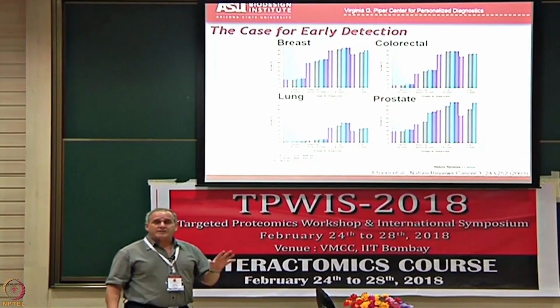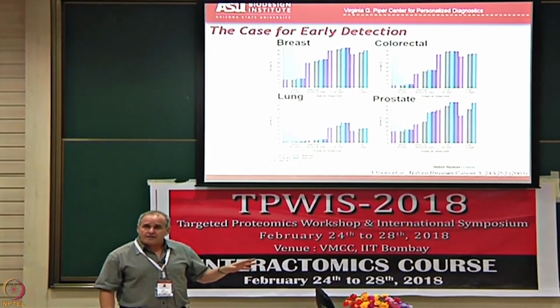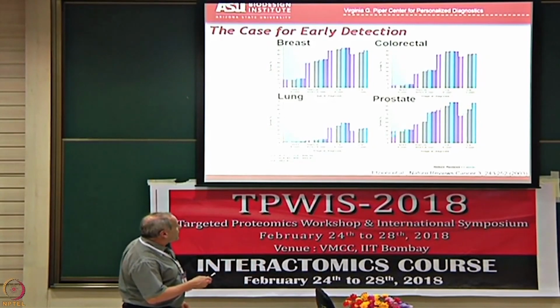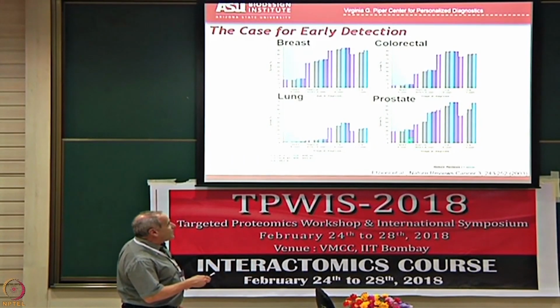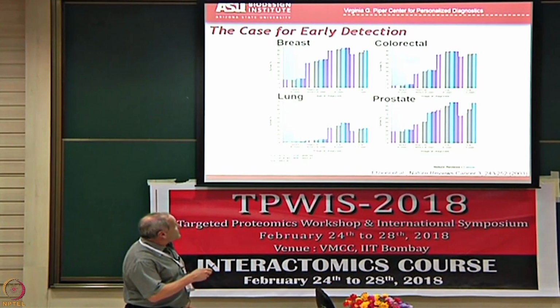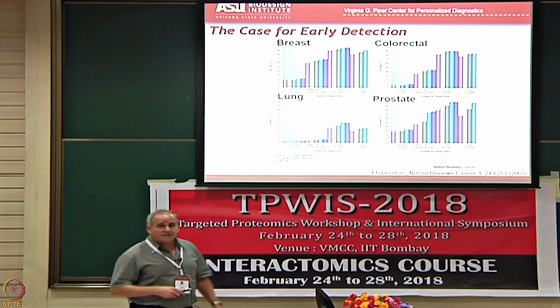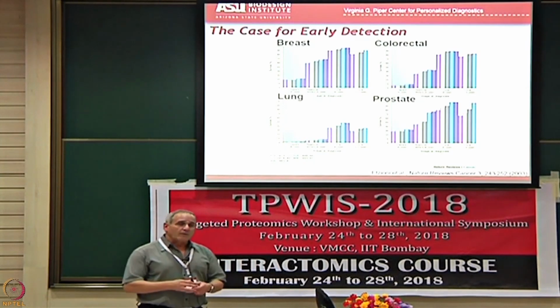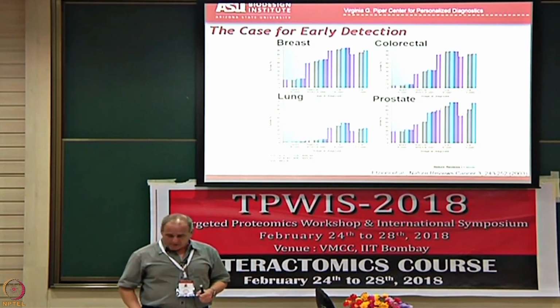Stage of disease basically tells you how early you caught it. And it starts with the latest stage disease and moves to the earliest stage disease. And what you can see is if you catch the disease early, you have very good survival rates, except maybe lung cancer, which never has a good survival rate. But nonetheless, the survival of early stage disease is always better than survival with late stage disease. So this is an argument for why we want to catch the disease early.